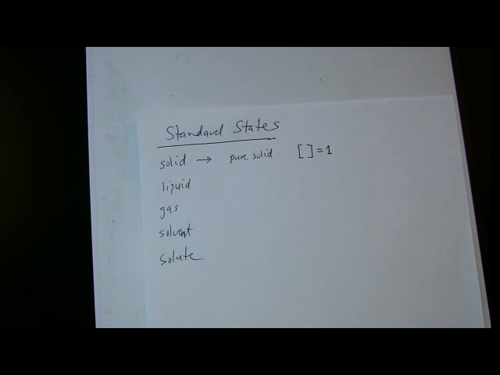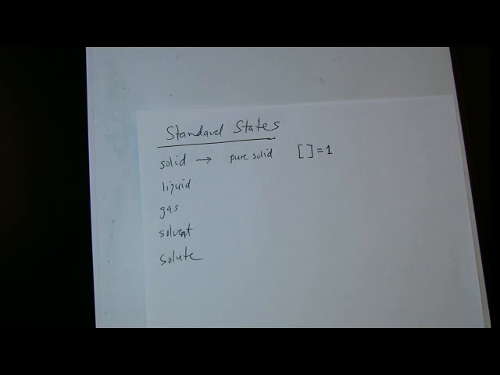That's right. The 2-liter has twice as much moles as the 1-liter does, so the moles divided by the volume is the same for both of them, for a solid. So all solids of a particular substance have the same concentration, whether you have a small amount or a big amount. Doesn't matter.